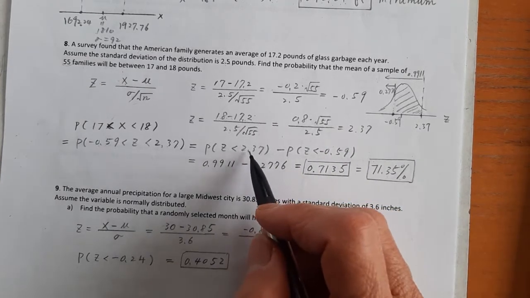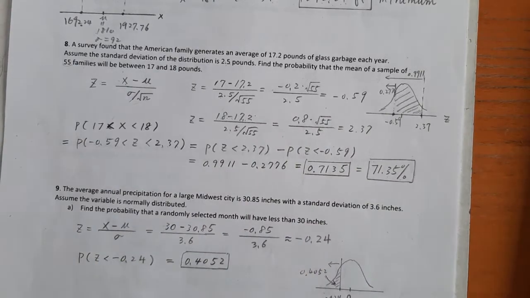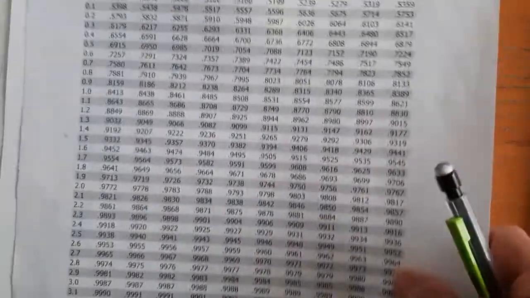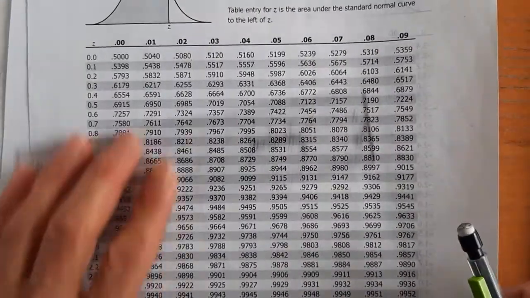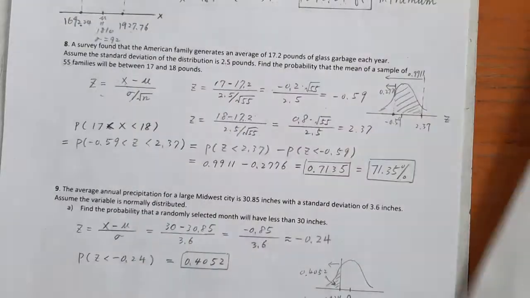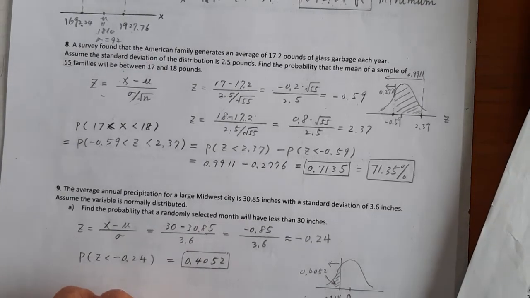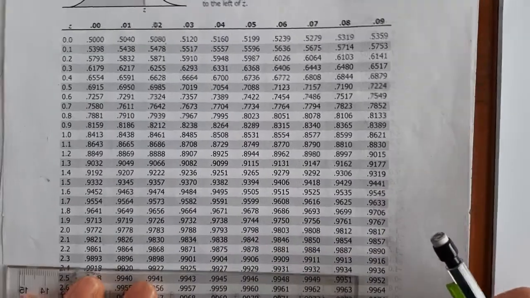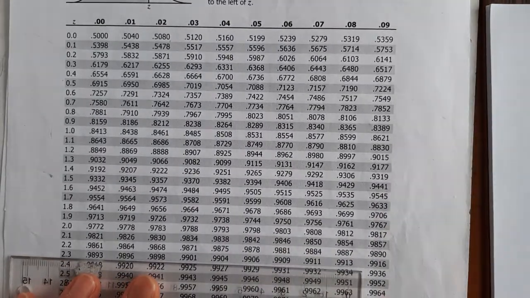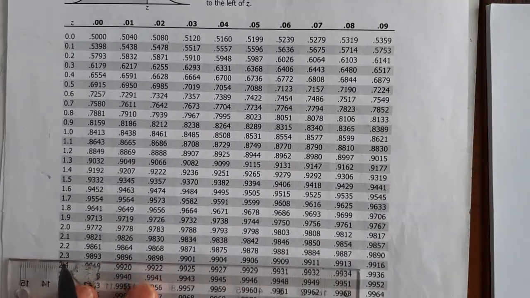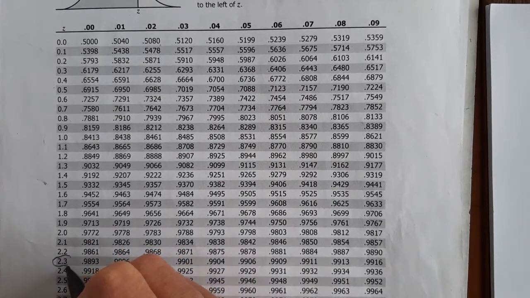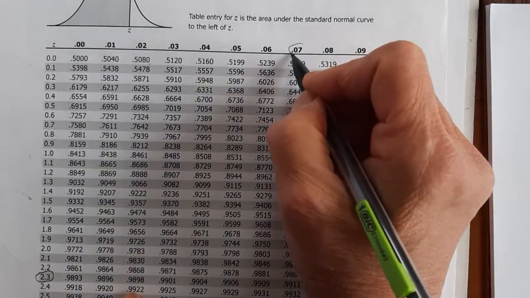So look up z less than 2.37 in the table. When z is positive, 2.3 here, and 7 is here.